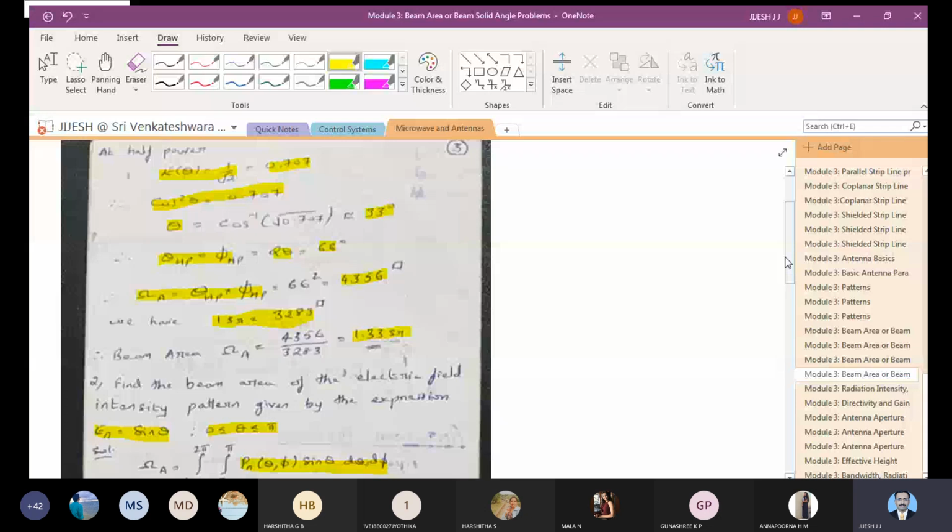You substitute sine squared in place of Pn theta phi, and you'll get sine cube theta d theta d phi. Integrate for the limit 0 to pi sine cube theta d theta, and the integration from 0 to 2 pi d phi. You can do that separately, substitute, and find the answer.